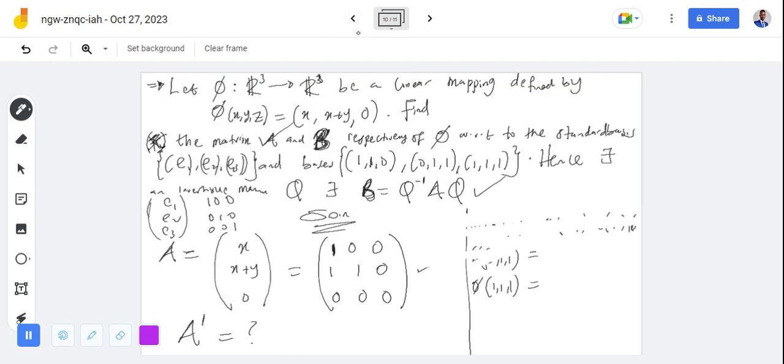What I just noticed now is that this standard basis, you need to understand English very well in maths. We need to solve it respectively, okay? This is to find the matrix A of this map with respect to the standard basis.